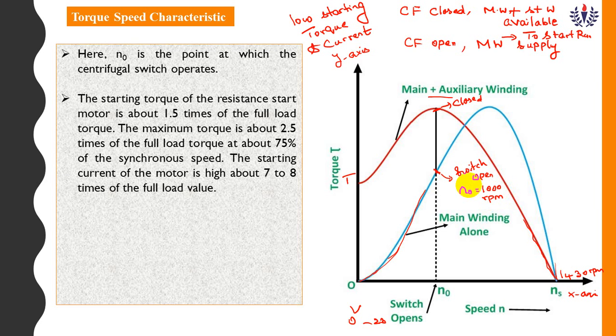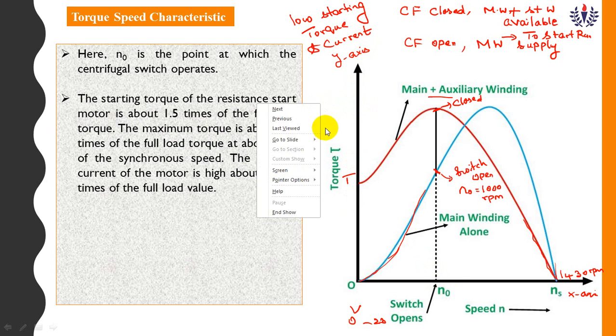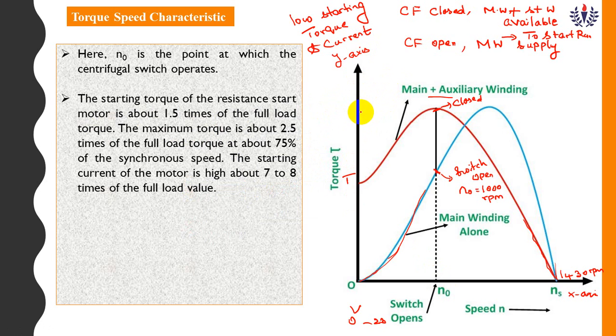Here N0 is the point at which the centrifugal switch operates. The starting torque of the resistance start motor is 1.5 times the full load torque. This line is the maximum torque, TM.